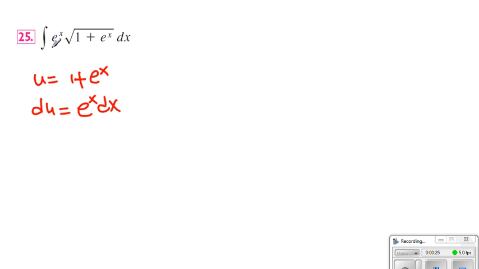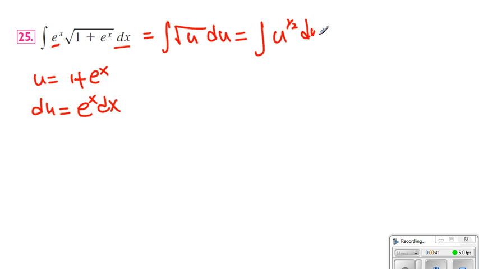Now, you can see that these two come together and become du, and this becomes the integral of square root of u du. Since that can be rewritten as u to the 1/2 power du, what we end up getting is u to the 3/2 power over 3/2 plus c.